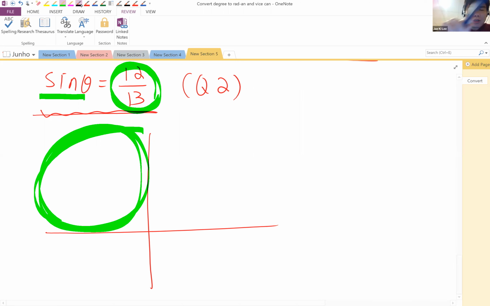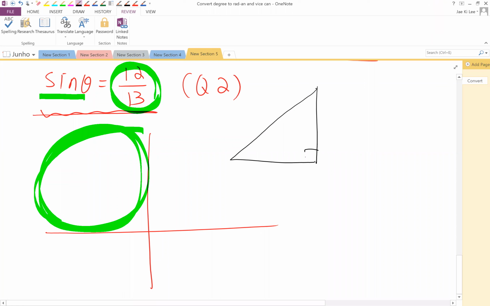So sine theta equals 12 over 13. Then how can we define that? We just make one triangle here. Sine theta always means opposite over hypotenuse, and cosine means adjacent over hypotenuse.